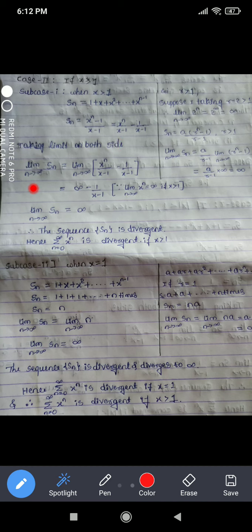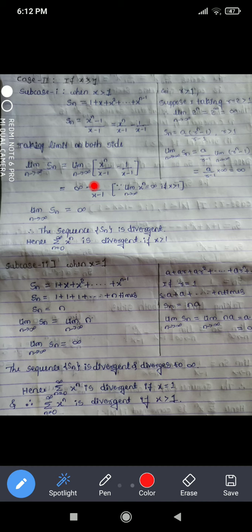We get limit n tending to infinity of Sn is equal to limit n tending to infinity of x raised to n divided by x minus 1, minus 1 upon x minus 1. Here the limit value of x raised to n upon x minus 1 is infinity, if you take x greater than 1, like x equal to 2, 3 and so on.